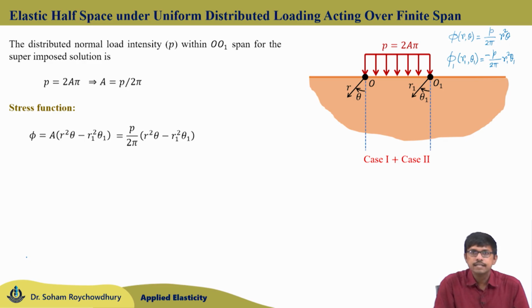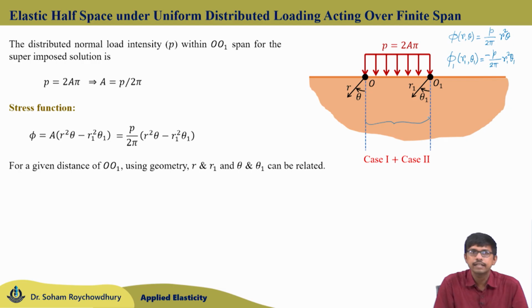For that case, the elastic half space will be subjected to the distributed line loading of intensity P within this finite span O to O1, and these variables r, r1, two different radial variables, and theta, theta 1, two different angular or circumferential variables, can be easily related using the geometry once the span O to O1 is given.